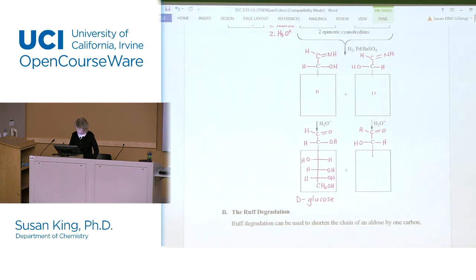And when we draw the other one, again, the bottom's going to be exactly the same. Has not changed at all. This is the C2 epimer of glucose, which we've already seen a couple of times. This is D-mannose.